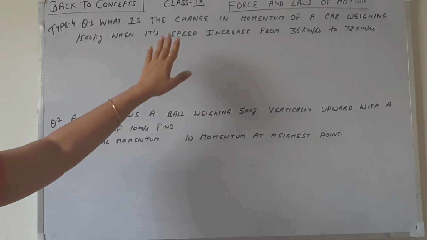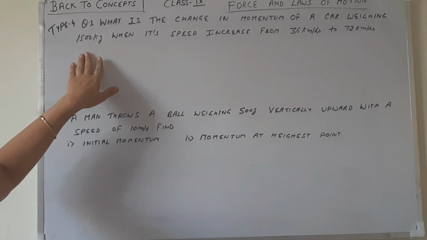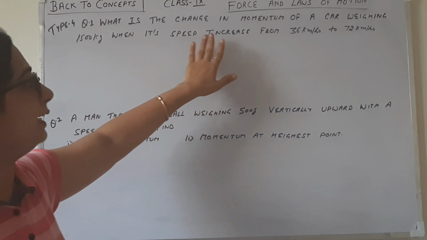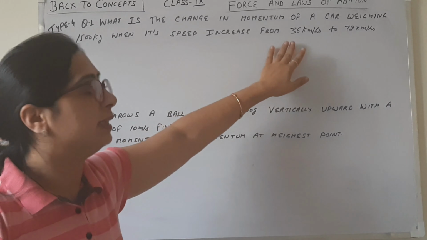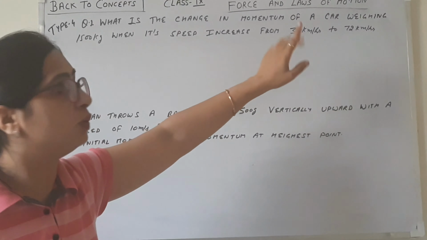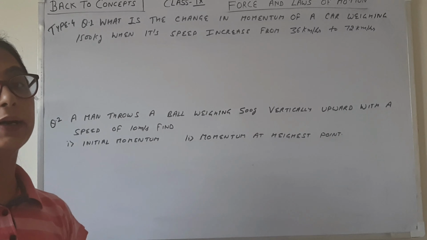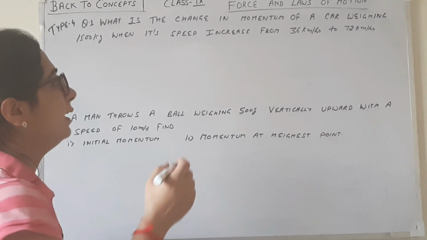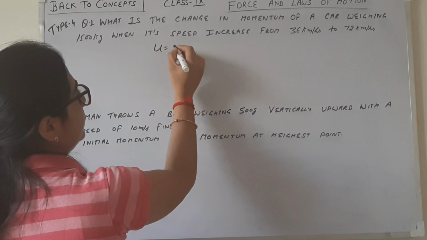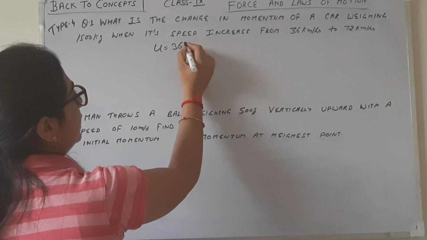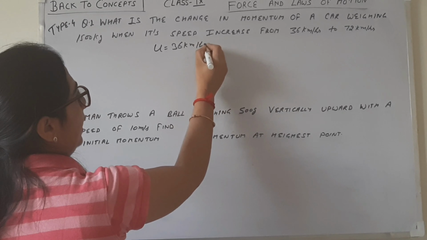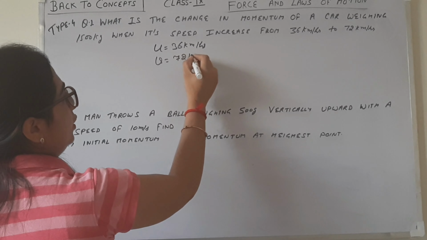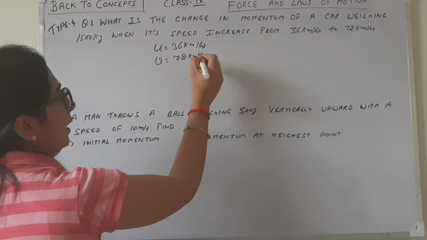What is the change in momentum of a car weighing 1500 kg when its speed increases from 36 km per hour to 72 km per hour? Here change in speed is given. The initial speed is equal to 36 km per hour and the final speed is equal to 72 km per hour.